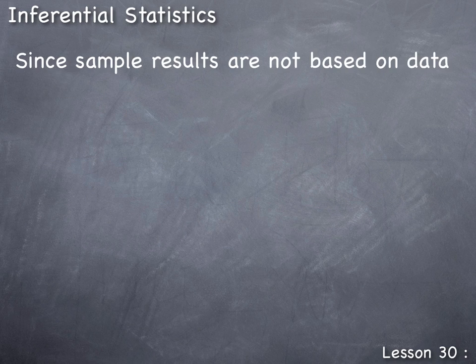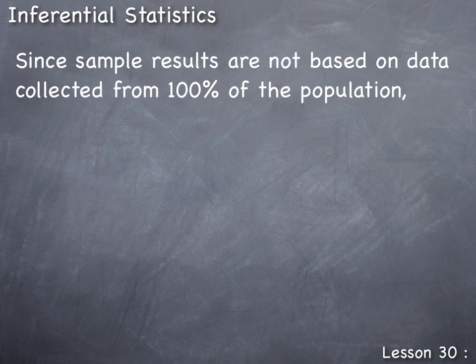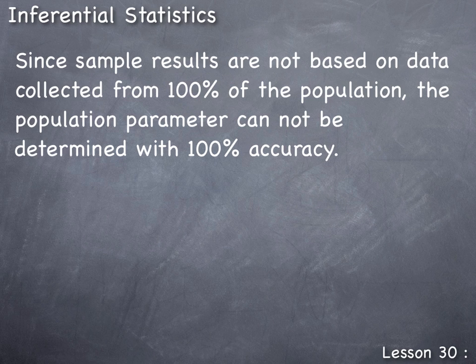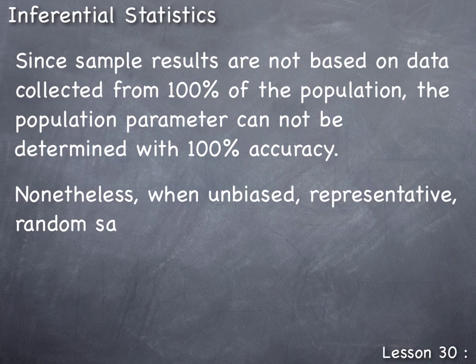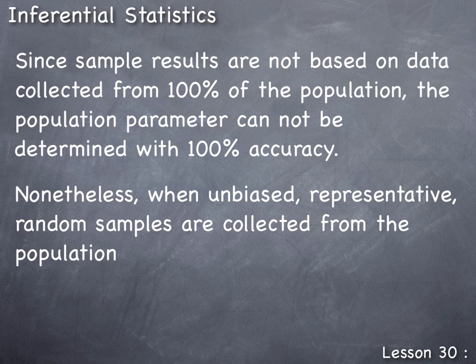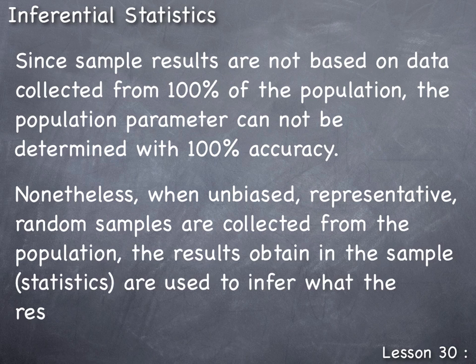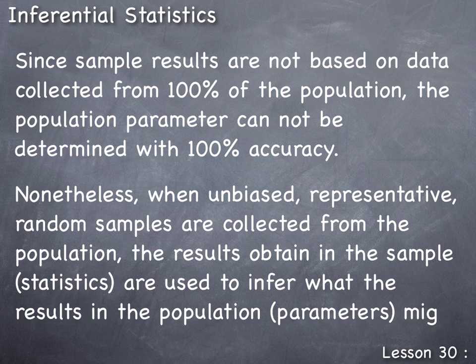Since sample results are not based on data collected from 100% of the population, the parameter cannot be determined with 100% accuracy. Nonetheless, when unbiased, representative random samples are collected from the population, the results obtained in the sample, that is, the statistics, are used to infer what the results in the population, that is, the parameters, might actually be.